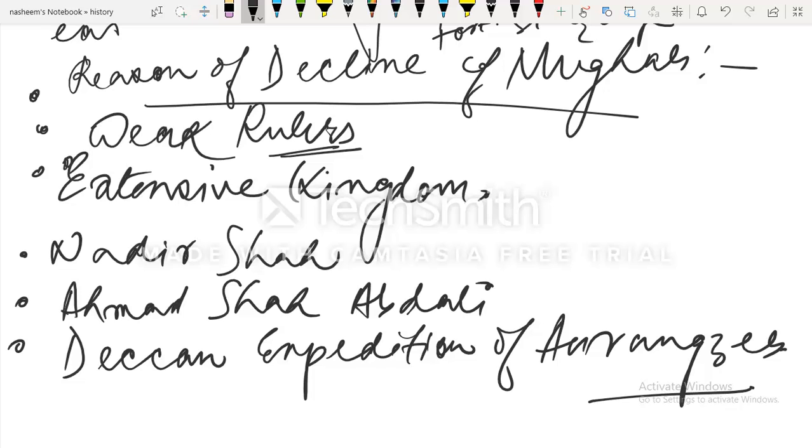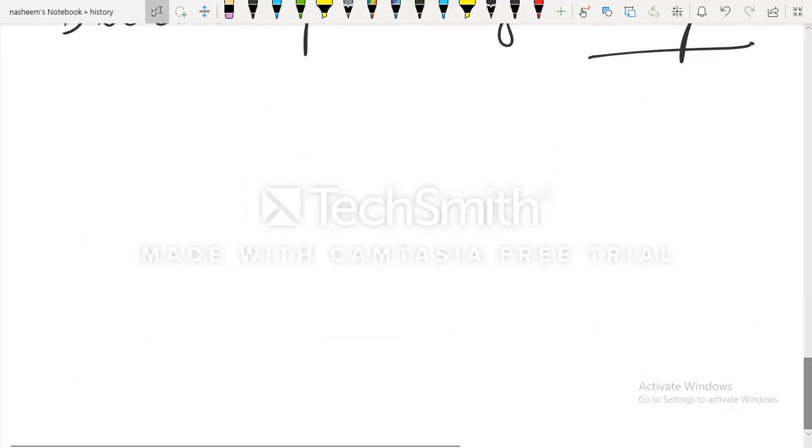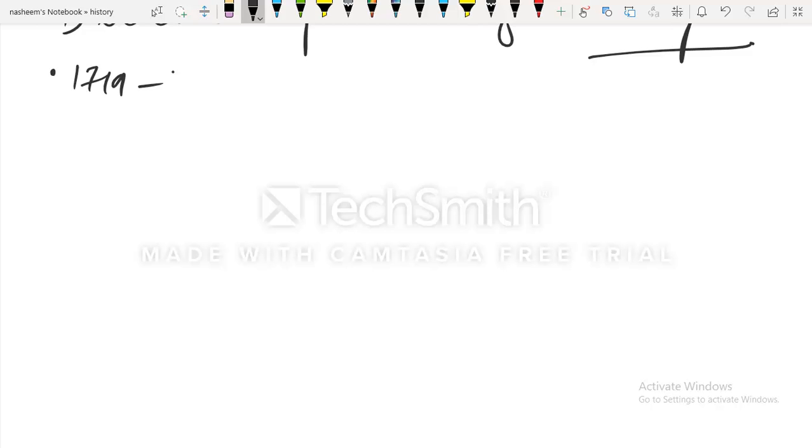After Aurangzeb's death, the only strong ruler, or rather a ruler that ruled for a longer period, was from 1719 to 1748. This Muhammad Shah.